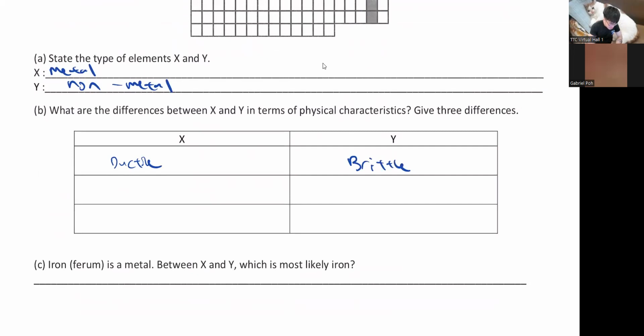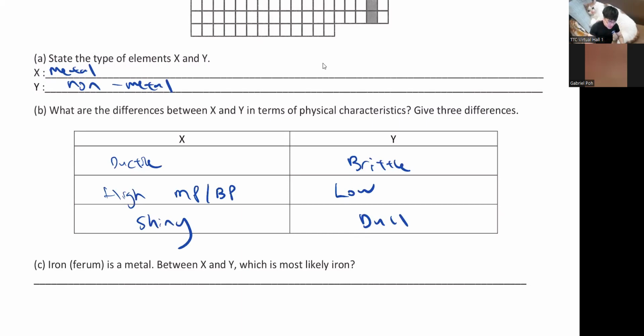Metals have a high melting point or boiling point, whereas Y has a low melting point and boiling point. Metal melts at very high temperature, for example 1000. I'll try to pick the short ones to write. X is shiny, Y is dull. As you know, metals are very shiny.